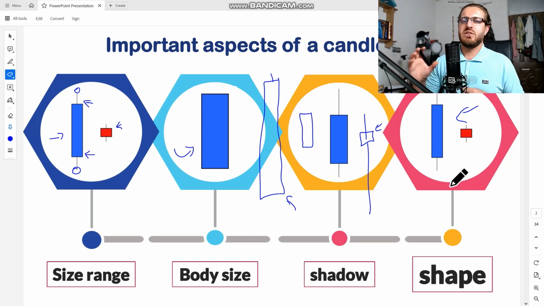So the body of a candlestick can be big or small, the shadow can be different, and the shape of the candlesticks is a diversity of shapes that we are going to talk about.